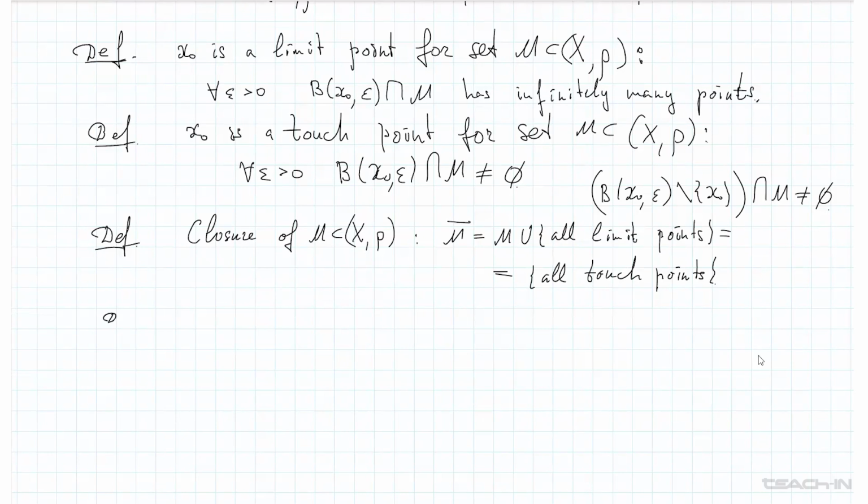Following definition: a set M is dense everywhere. No. This we can omit.